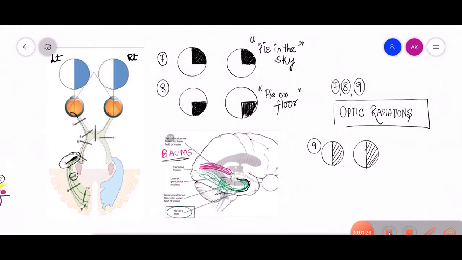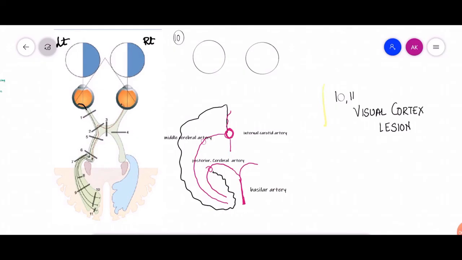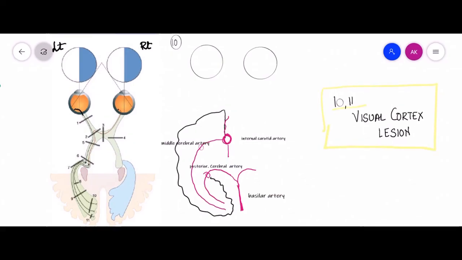This is now about the visual cortex lesions, which are represented by the number 10 and 11. We must have a brief knowledge about the blood supply of the visual cortex. So the visual cortex is getting its blood supply mainly from the posterior cerebral artery and from the middle cerebral artery. So both the carotid system and the vertebral system are actually contributing to the blood supply of the visual cortex.